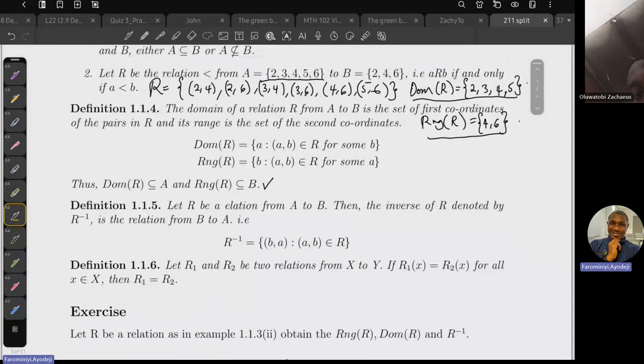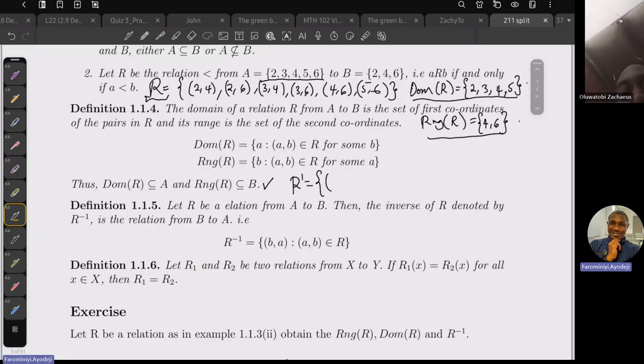Then when we are talking about the inverse of a relation, all we need is to flip the elements of the relation. So as the example we started with, what is going to be the inverse? Sorry, sir.